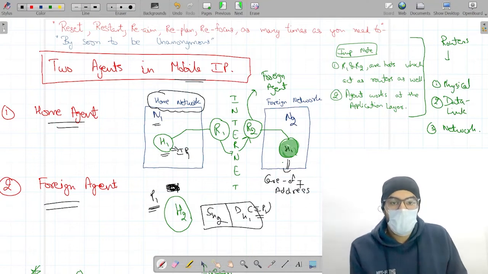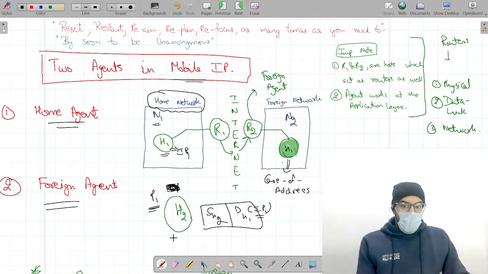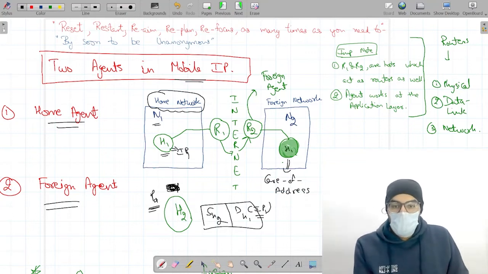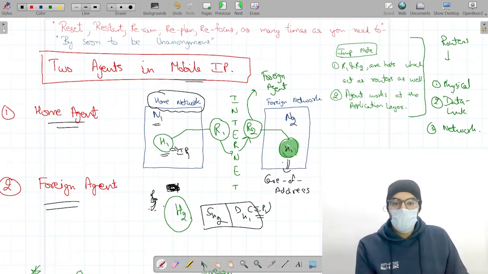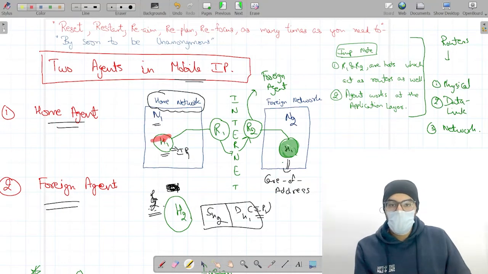Now let's say that H2 wants to send another packet P2 to the host H1. Since host H1 is no longer residing over here, I am marking this area as red.